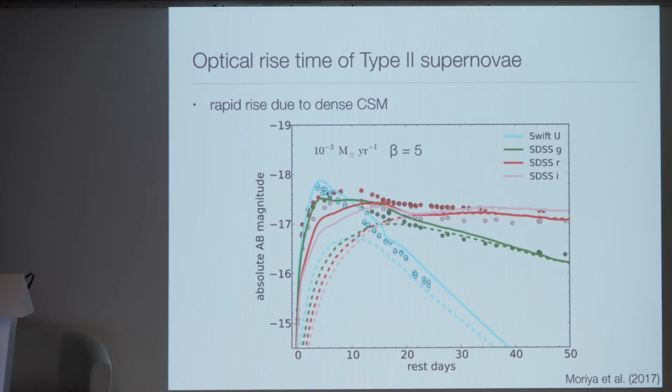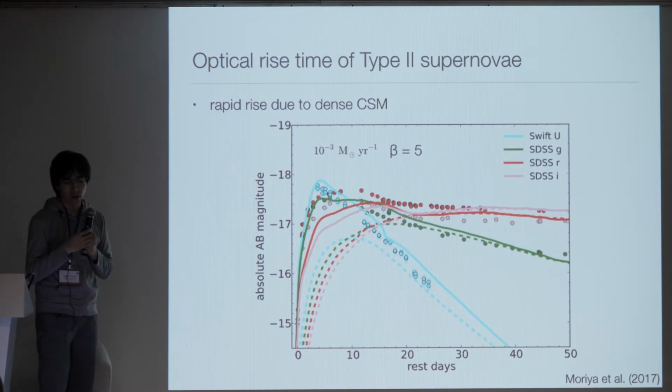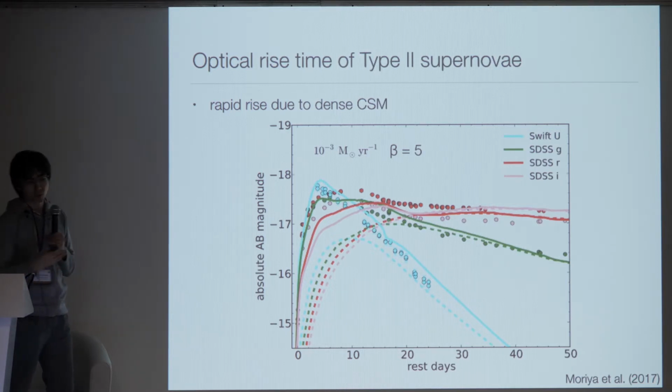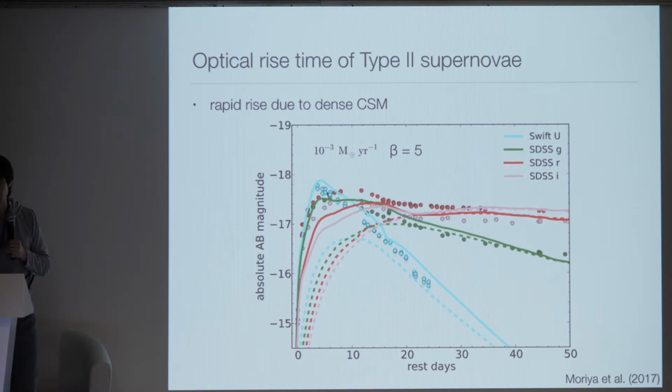Of course, the next question is how common this kind of dense circumstellar matter is around these ordinary type II supernovae. So I just showed one example which happened to be observed just after the explosion, and that told us there should be some dense circumstellar matter. But how common is this?